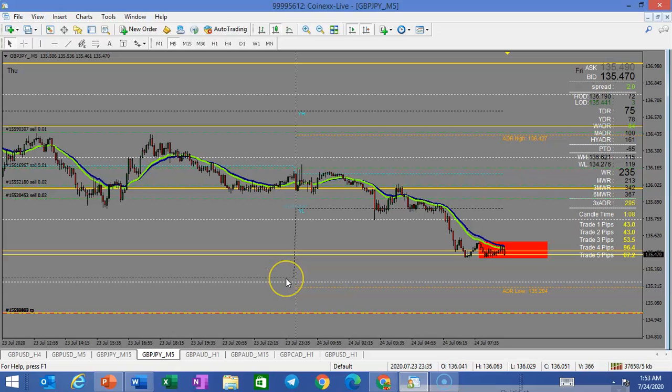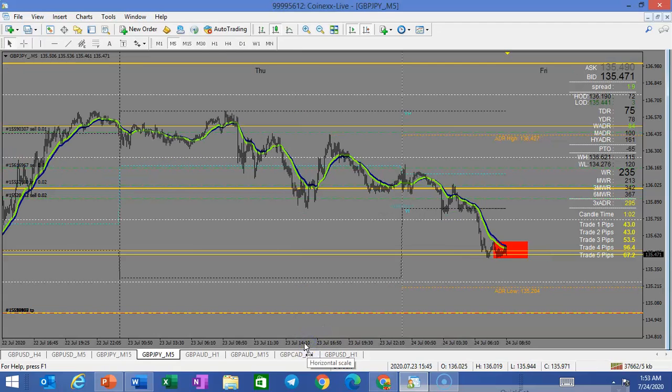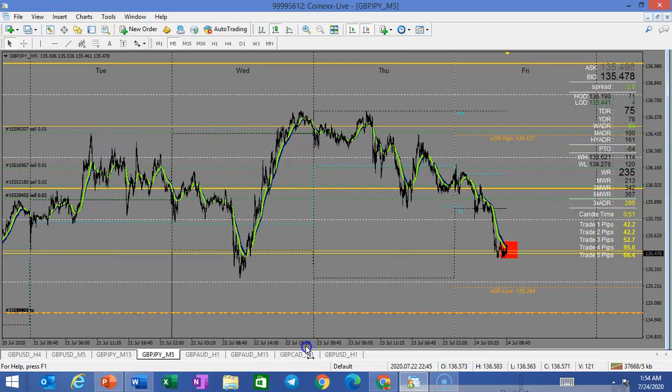Also looking at yesterday's previous day low for Wednesday. The low is here, and that comes before the institutional level, so that may be a point of support that we may look out for.